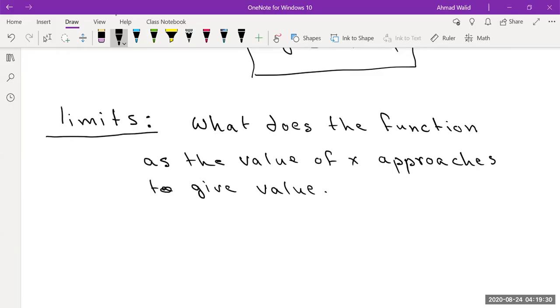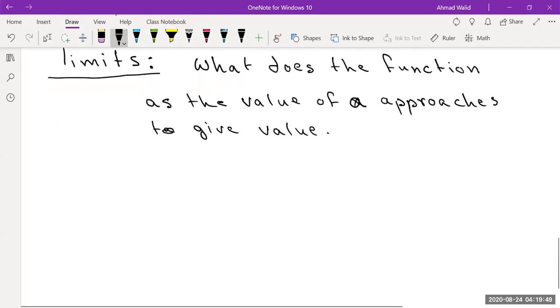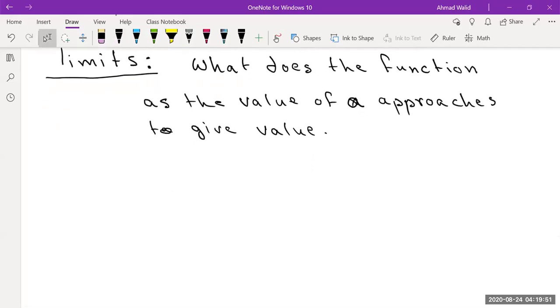What does the function do as the value of x, actually let's name it a, approaches a given value? If we can answer this question, that's the idea of the limit, correct?